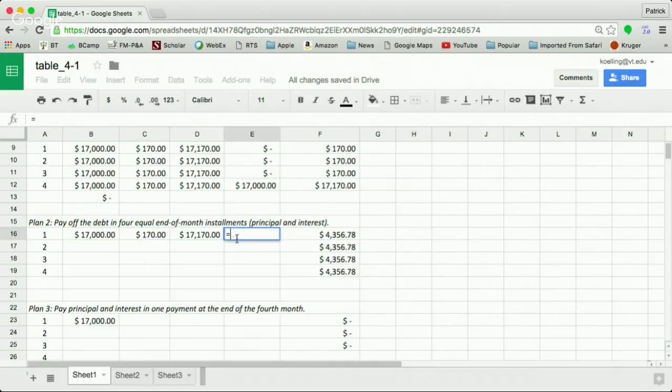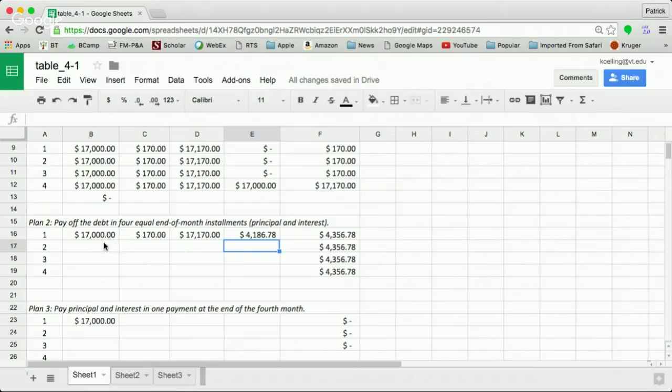So I will say this is equal to my total payment minus the interest I paid. $4186.78 is the amount of principal that I paid on the loan. So I paid $4186.78 on principal. I paid $170 in interest, and the total of those led to my monthly payment of $4356.78.